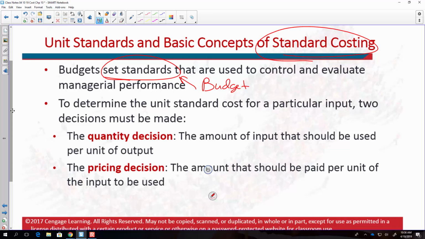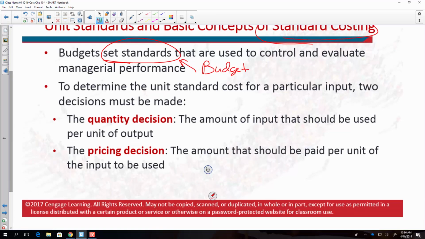So we're going to look at 2 standards. One for the quantity, and since we're dealing with direct materials, the quantity could be pounds, it could be ounces, it could be gallons, and so forth. Or if we're looking at direct labor, actually the hours, right? How long does it take to do a section of our production?